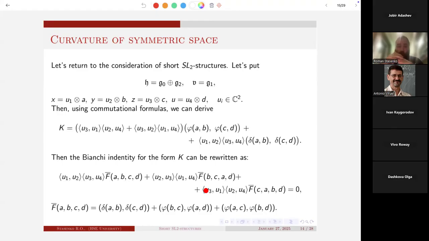If we write the 4-linear form as you see on the previous slide, and write the Bianchi identity, we can rewrite it as the symmetry of such a 4-linear form on the vector space J1, using especially delta and phi and the scalar products that we introduced earlier.